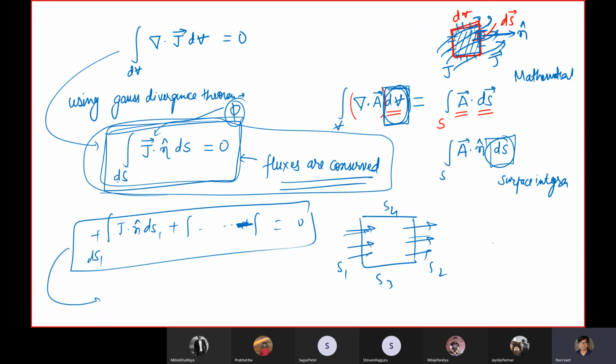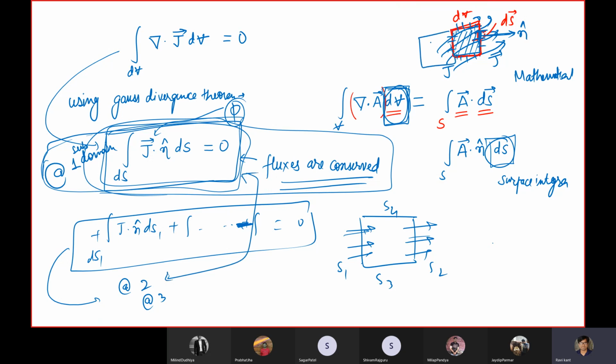So this is done at one domain, or one subdomain rather. This mass flux has been shown to be conserved at one domain. Similarly, you will have a second domain, you will have a third domain, and the first and second domains are somewhat related because the flux coming out of the first domain could be coming into the second domain, isn't it? So 1 and 2 are somehow related, 2 and 3 are somehow related, or maybe not.